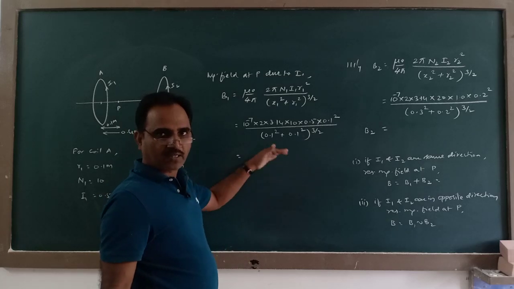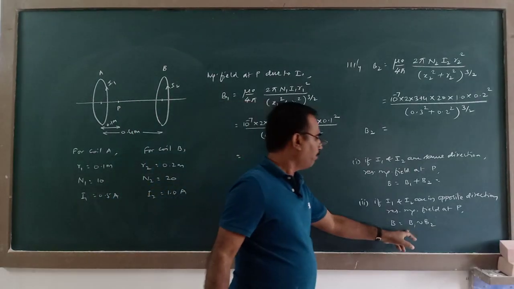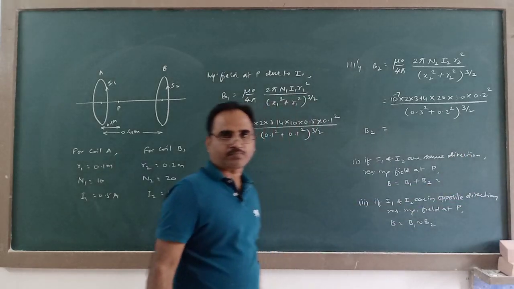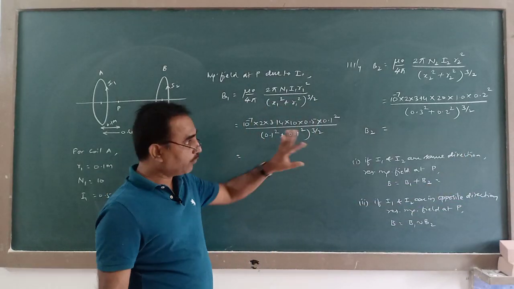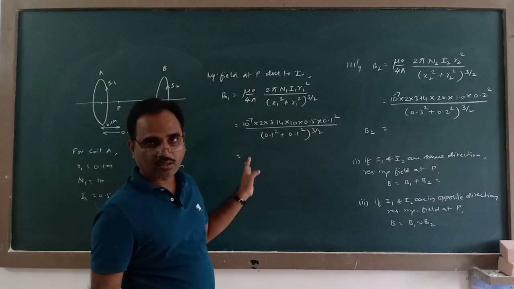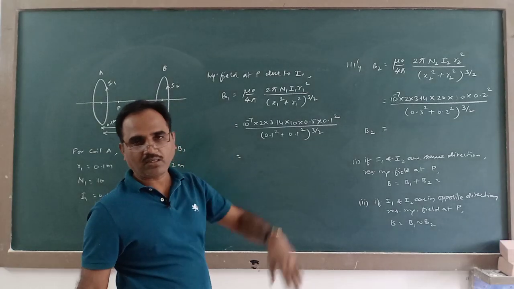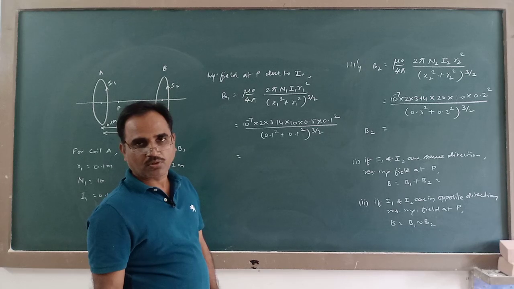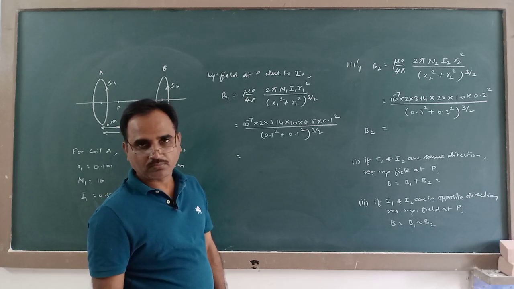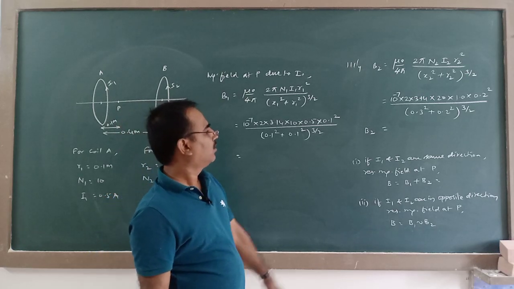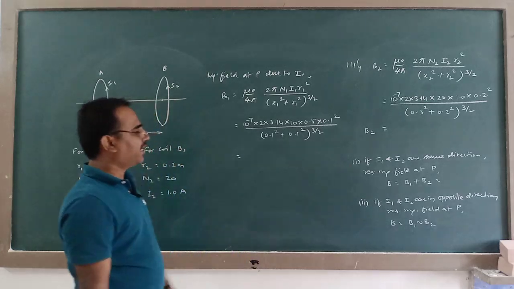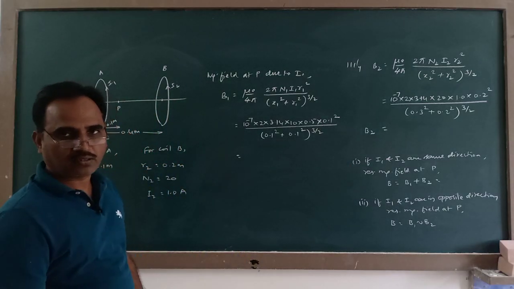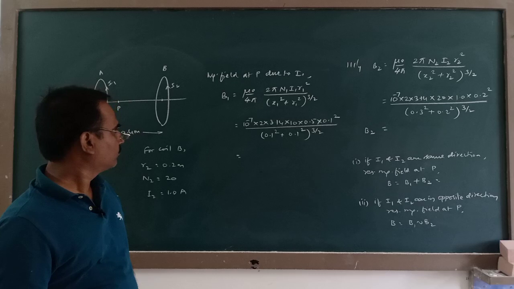If B1 is greater than B2, then it will be B1 minus B2 along B1. If B2 is greater than B1, then it will be B2 minus B1 along B2. So as you did in the previous problem, here with respect to the directions of current, you have to find the resultant magnetic field.